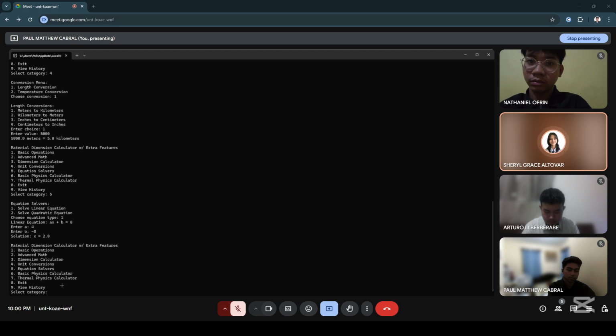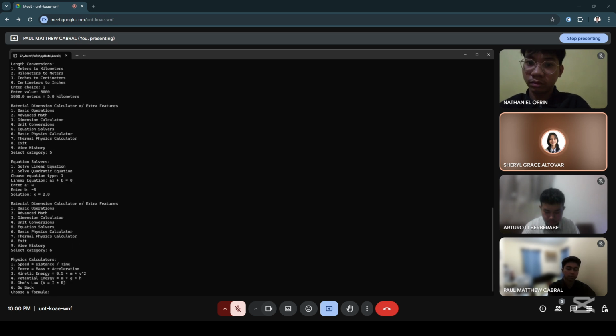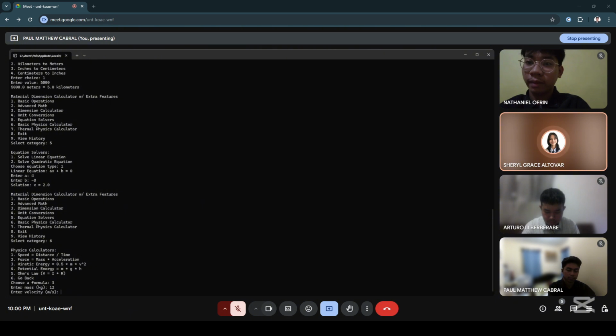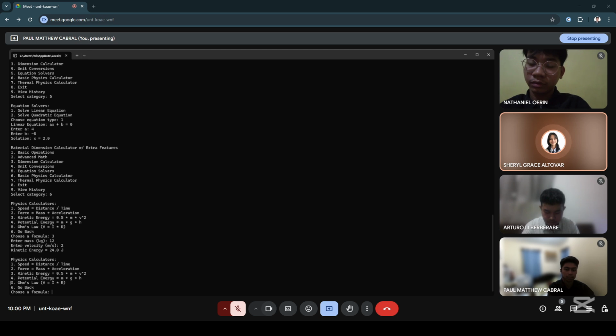First, we input 6 in the calculator to show us the formulas mentioned. Then we input 3 in order to try the kinetic energy calculator. Second, we input the item's mass in kilograms. Let's use 12 kg. Lastly, we input its velocity, which is in meters per second. Let's say 2 meters per second. This gives us a kinetic energy of 24 joules.